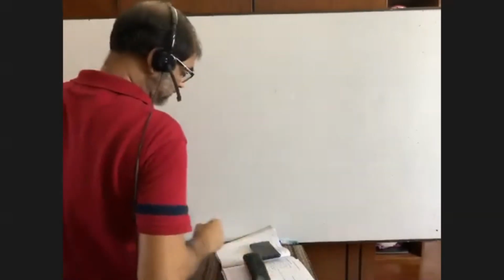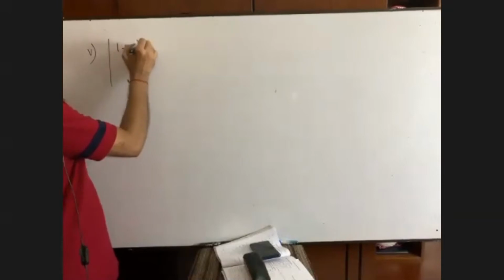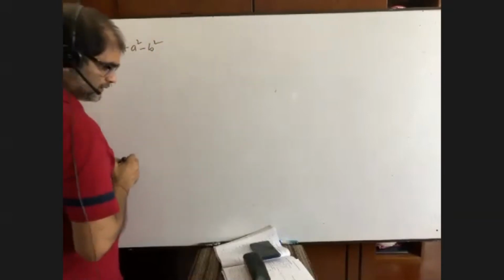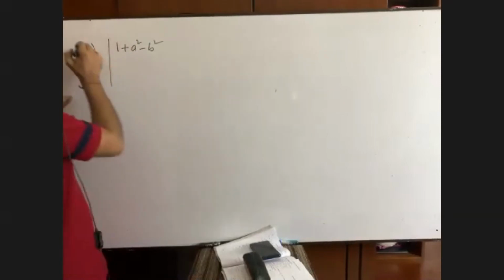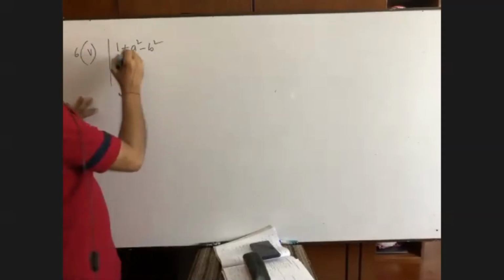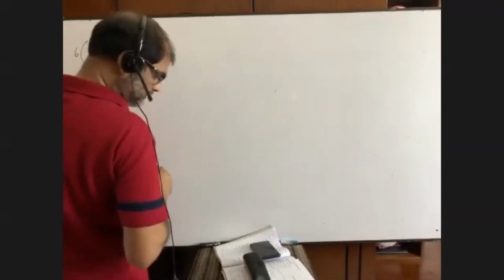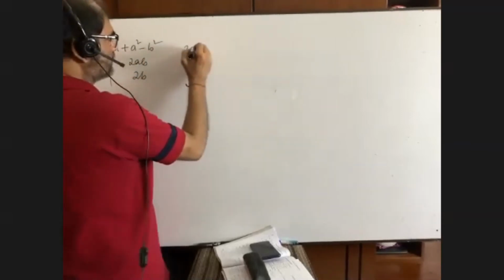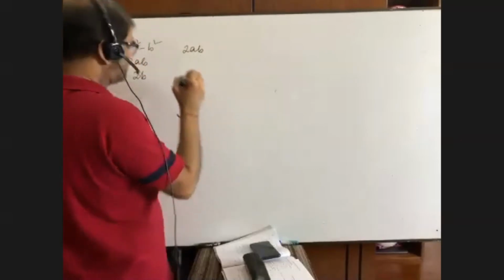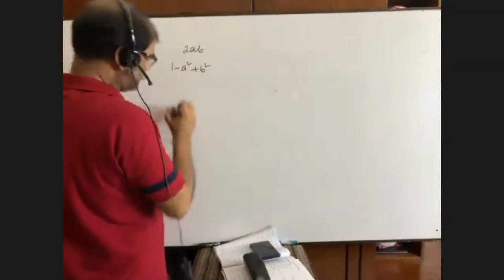Now the hardest math I'm going to do, so please pay attention. This is the left hand side. 1 plus a square minus b square, 1 plus a square minus b square. This is question number 6. Then it is twice ab by 2b, twice ab by 2b, 2ab, 2ab by 1 minus a square plus b square, then by minus 2a.